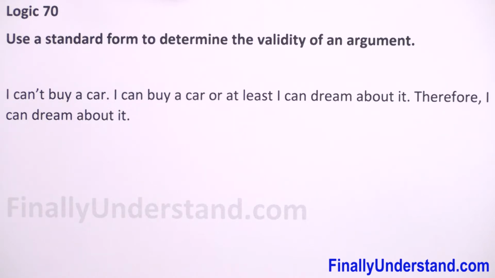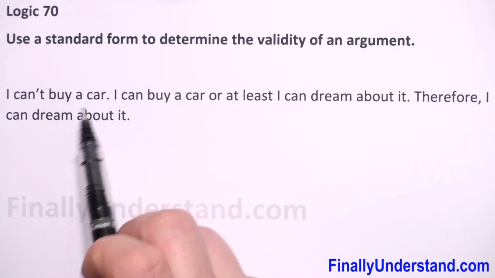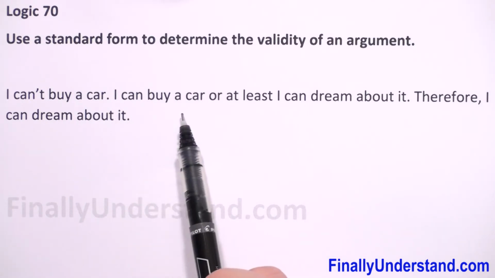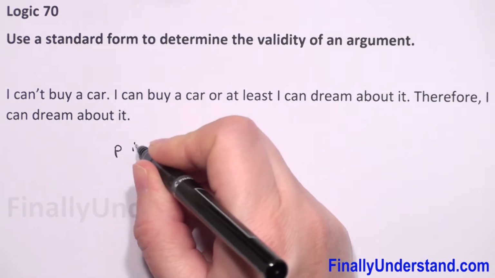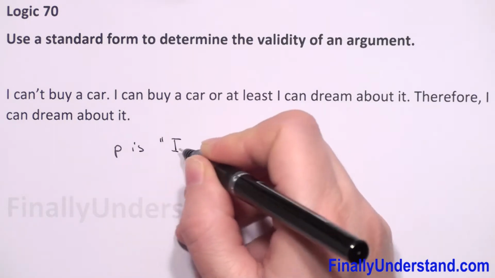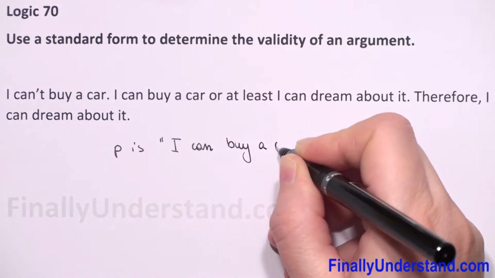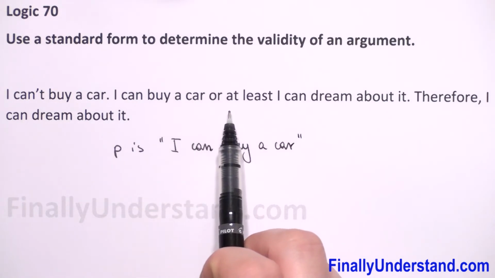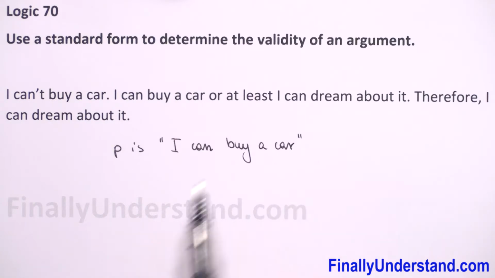So let's first find simple statements. We will put that I can't buy a car. We have first, so let's put that I can buy a car will be our P. P is I can buy a car. Next, we have or at least I can dream about it.